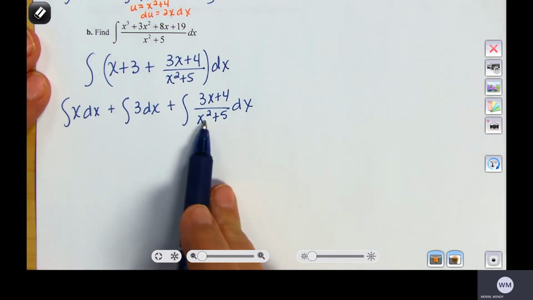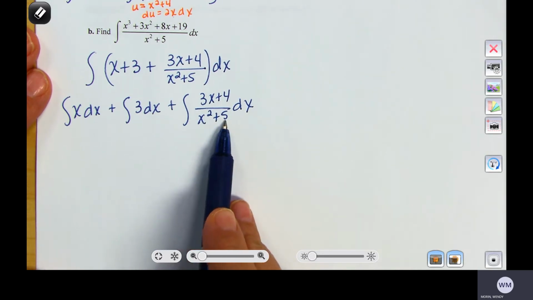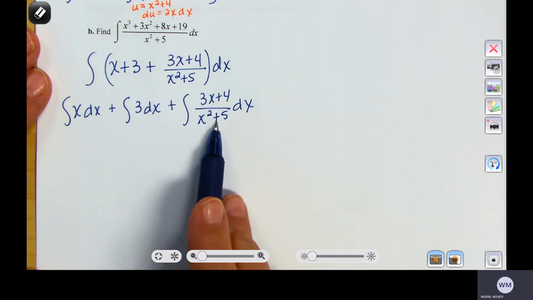So I have 3 problems here. But again, look at this. This is just like the first one we had. A binomial divided by a binomial. Okay, that's not going to be your basic U substitution. We have to keep breaking this down.